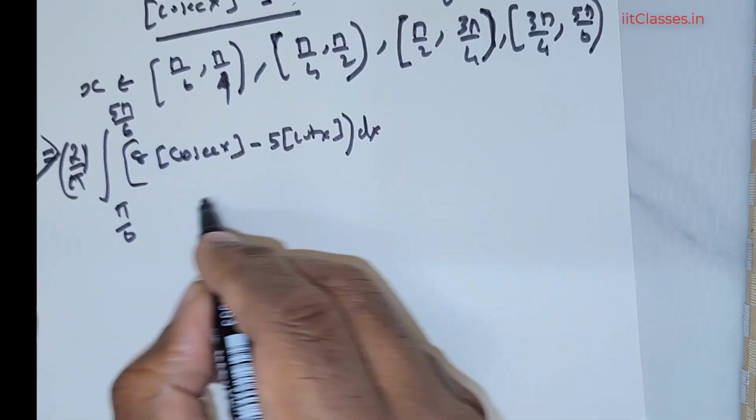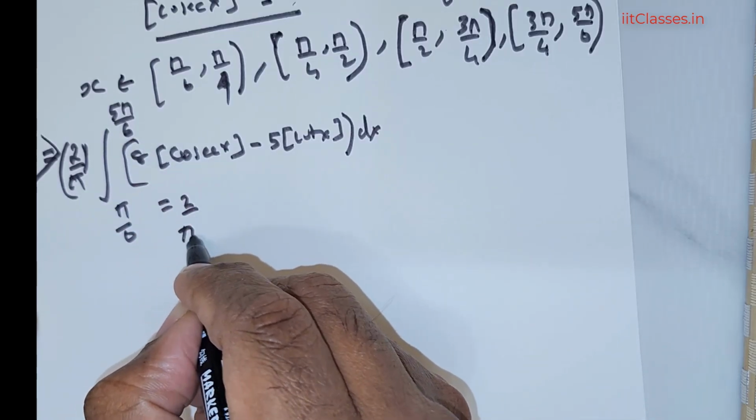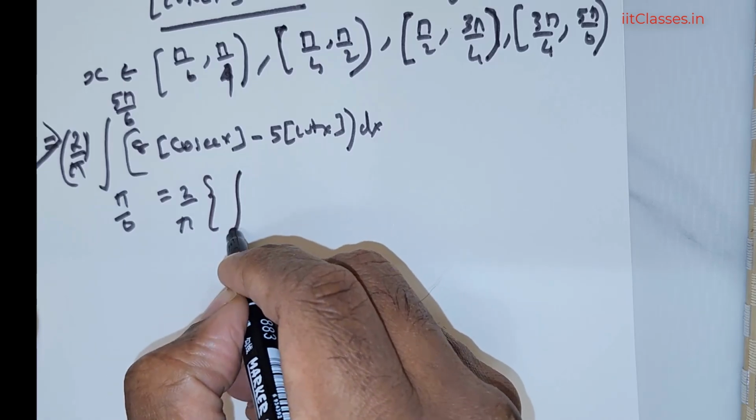So this is going to be equal to 2 over pi times the integral.